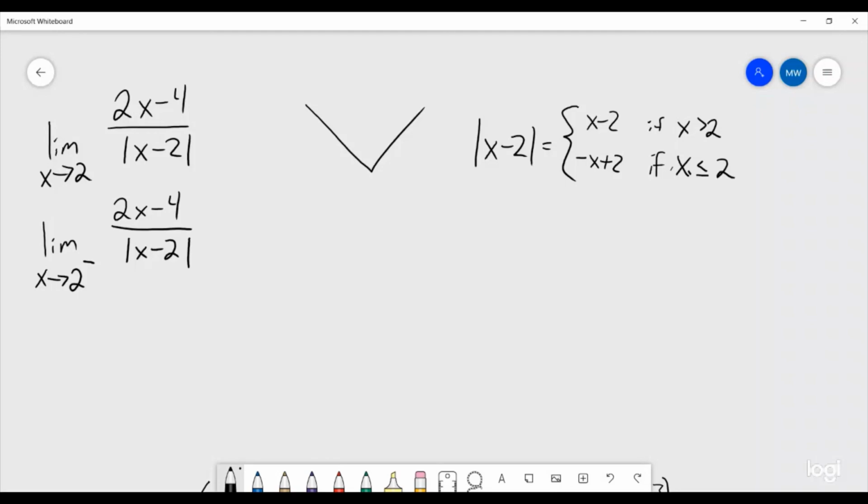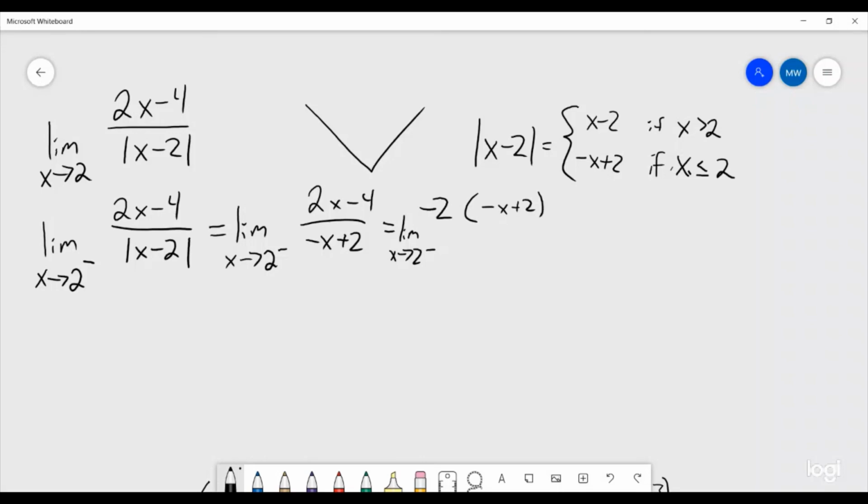So if x is less than or equal to 2, we can replace x minus 2 with negative x plus 2. This is equal to the limit as x approaches 2 from the left of 2x minus 4 over negative x plus 2, which equals negative 2 times negative x plus 2 all over negative x plus 2. Those cancel, so this is equal to negative 2.